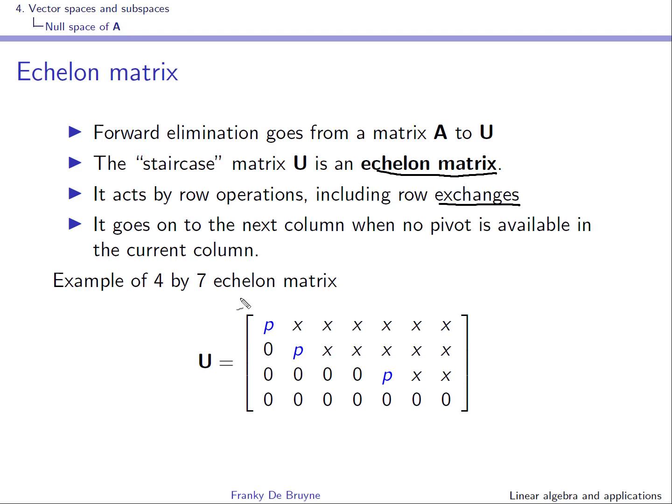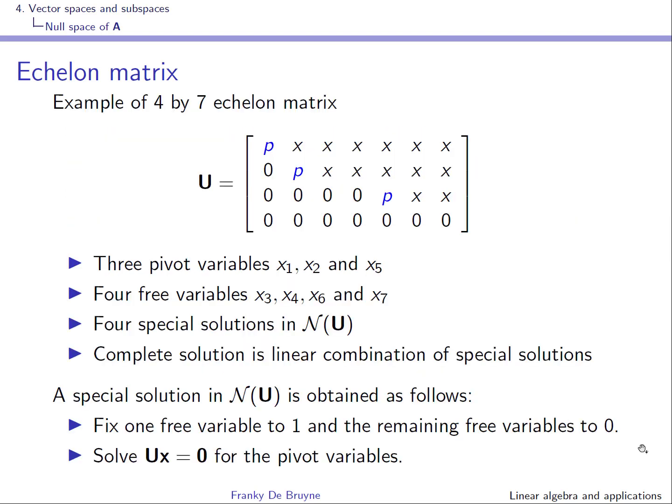So this is an example of a 4 by 7 echelon matrix, and the pivots are given in blue here. There are 3 pivots, and we see that in this echelon matrix we create zeros only below the pivots. In this 4 by 7 echelon matrix there are 3 pivot variables, x1, x2 and x5, and the remaining variables are free variables, x3, x4, x6 and x7.